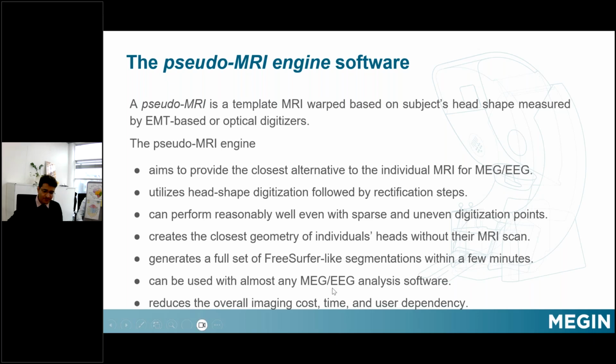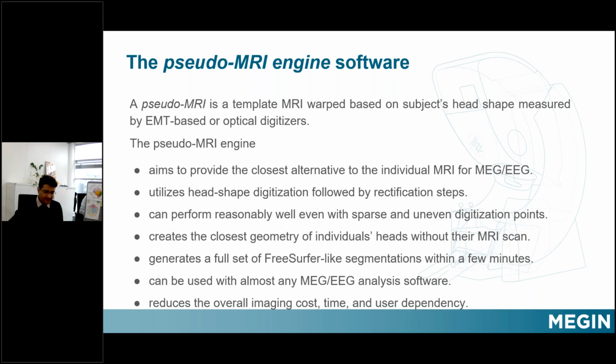It utilizes the head shape digitization, which we usually acquire during subject preparation. Further, it can perform reasonably well even with sparse and unevenly sampled digitization points over the skull. It creates the closest geometry so far of the individual head without an MRI scan.